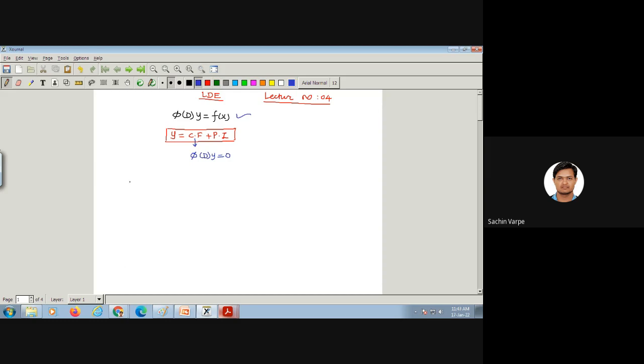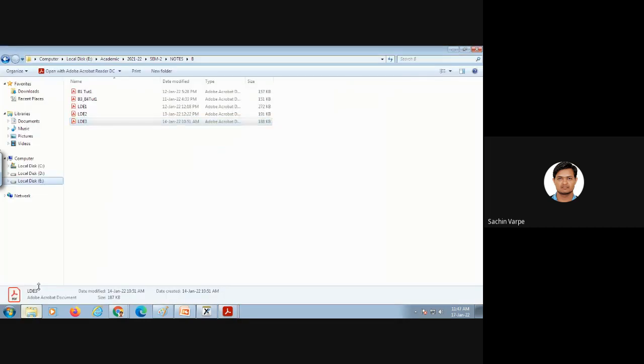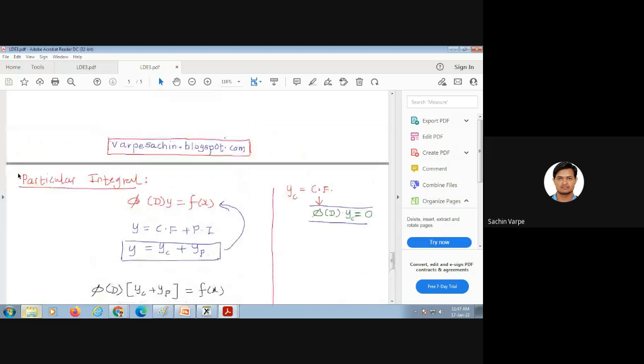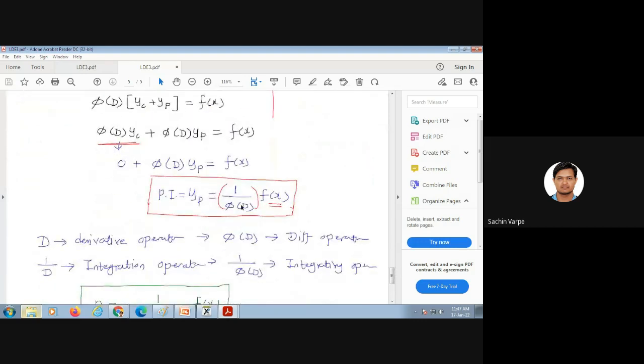In the last lecture, particular integral. Let me show you the last lecture. Yes. So in the last lecture, we have discussed about the formula of particular integral, that is 1 upon phi of D into f of x. Isn't it?